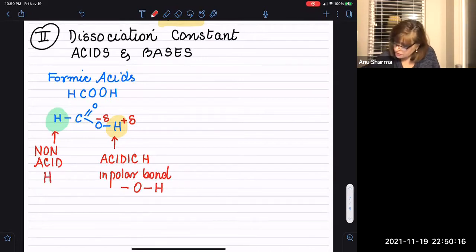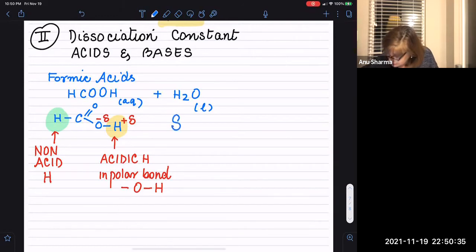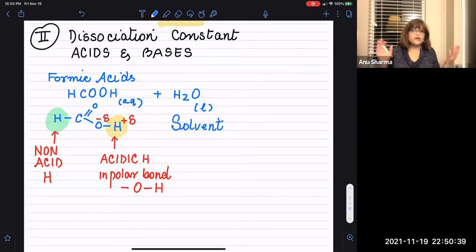Okay, so now what happens to this formic acid? When it reacts, now this is aqueous, it is going to give the hydrogen ions. It reacts with water, and water is acting as a solvent, present in a large amount.